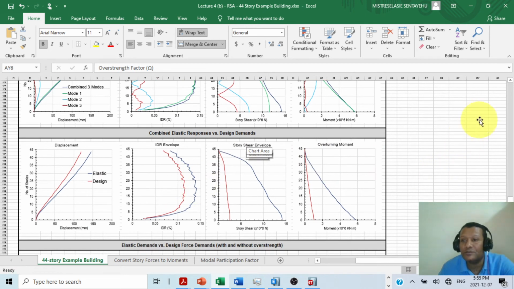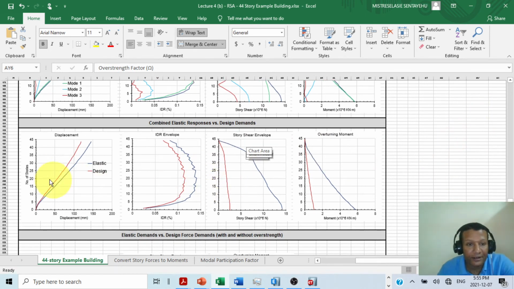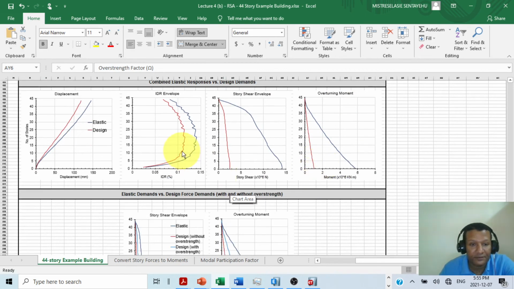Again, combined elastic response with design demand. The design demand is already divided by R factor and Cd factors. So this is the difference, the elastic and the design. This is the displacement, this is inter-story drift ratio, this is story shear. Even the story shear has a huge difference. Overturning moment also has a huge difference.